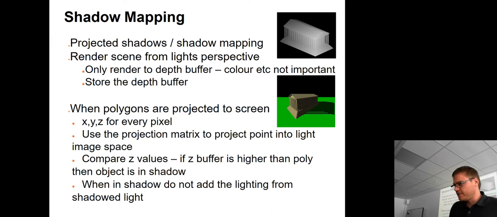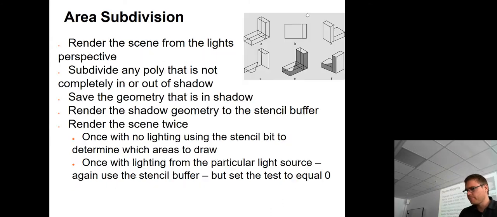Another approach is referred to as area subdivision, and the idea is to separate light from darkness by actually identifying which parts of a given model are within or out of a shadow and draw them separately.